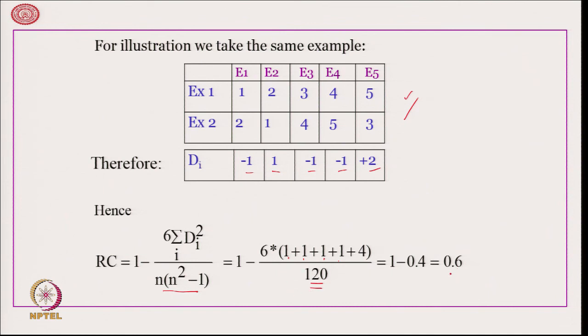Therefore, again we get the same value 0.6. So, that is how we calculate the Spearman's rank correlation for a given set of paired observations.